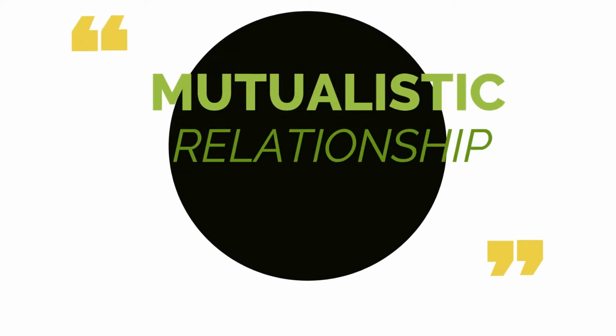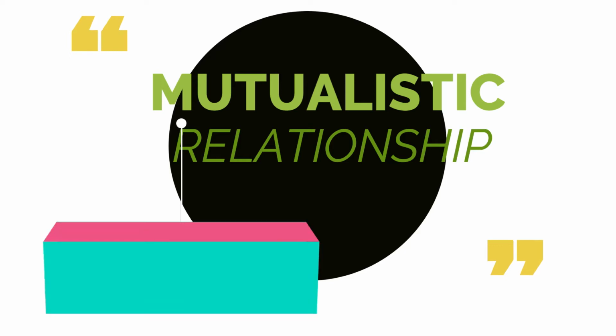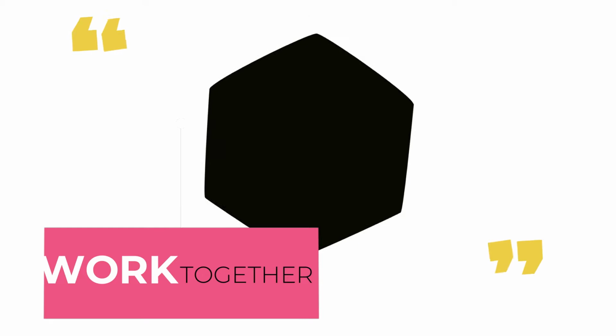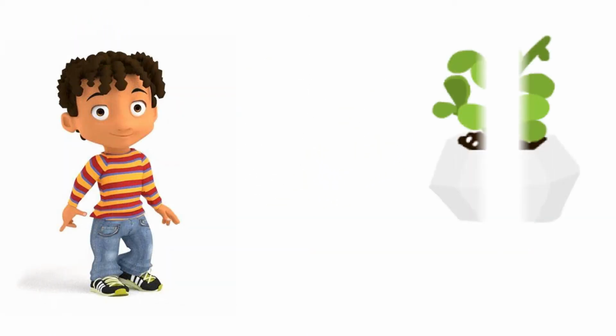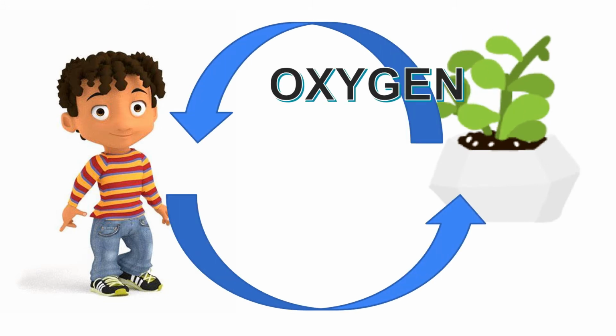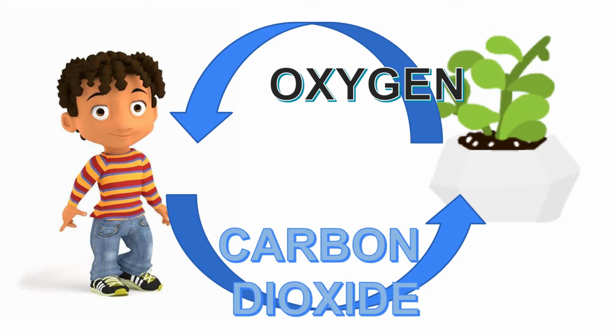A mutualistic relationship is when two organisms of different species work together, each benefiting from the relationship. The best example is the human and the plant. The human utilizes the oxygen that plants give off and exhales carbon dioxide. Plants use the carbon dioxide to create that oxygen that the humans need.